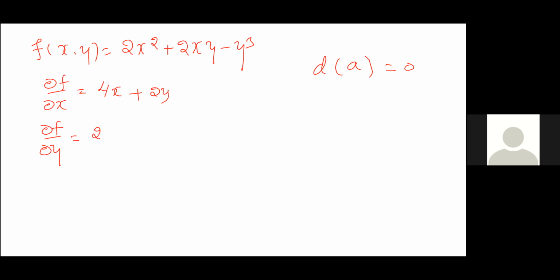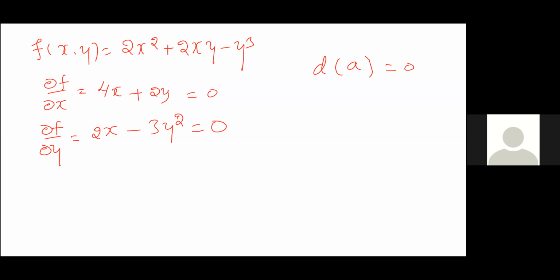There is no y variable, so it is a constant, and the derivative of a constant is 0. The first term becomes 0. Now we find the partial derivative of the remaining two terms. The derivative of 2xy is 2x, and the derivative of minus y cube is minus 3y square. So dou f by dou y is 2x minus 3y square.